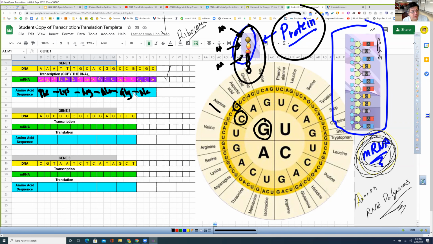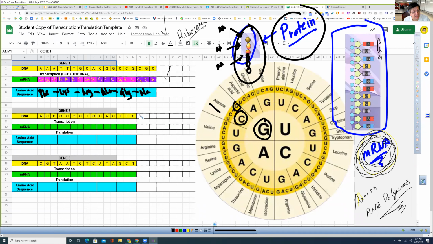It would build this protein using these amino acids in this particular order. And this protein is going to have some sort of job out in the cell to keep the cell alive. Does that make sense? So basically what we did here in these problems is we went through the whole process, but now I can give you problems.